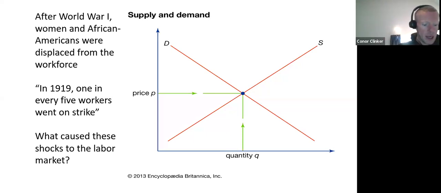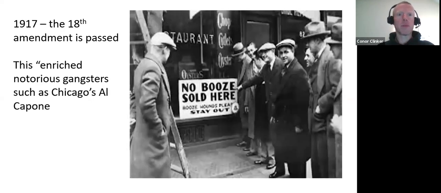Here we see an increase in the supply of labor due to all the soldiers coming home and re-entering the workforce. And so if there's an increase in supply, supply goes up, demand goes down. If you have a bunch of new workers entering the workforce, what's going to happen to the average pay? It's going to go down because each worker is in lower demand because the supply of them is higher. So very, very chaotic period.